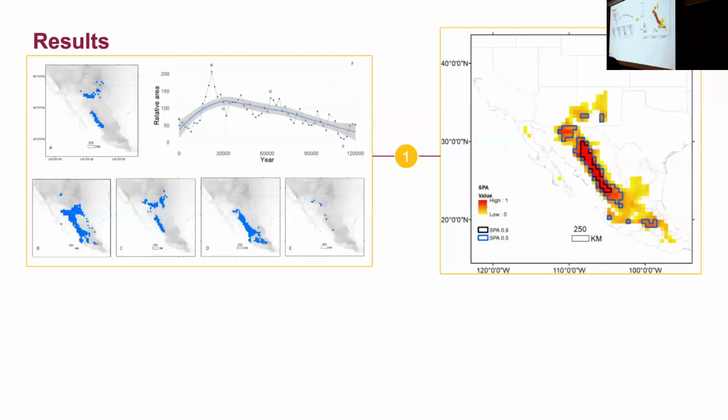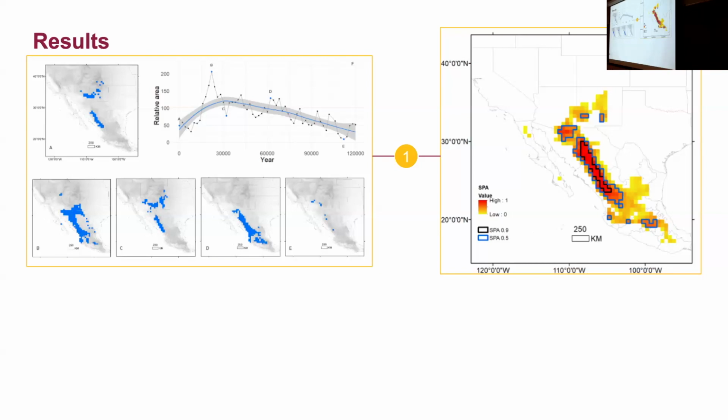But if you see, there are some moments that the relative area of the species in my models is very scarce, because the conditions do not remain everywhere and just remain in some very specific places.